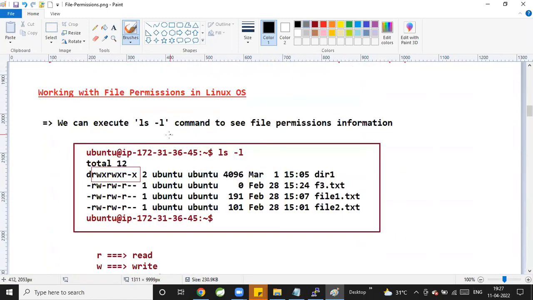I'm repeating once again. Working with file permissions. When we execute the ls -l command, we can see file permission information. Now, the first character represents the type of the file: D means directory, hyphen means ordinary. After that, RWX will be available.